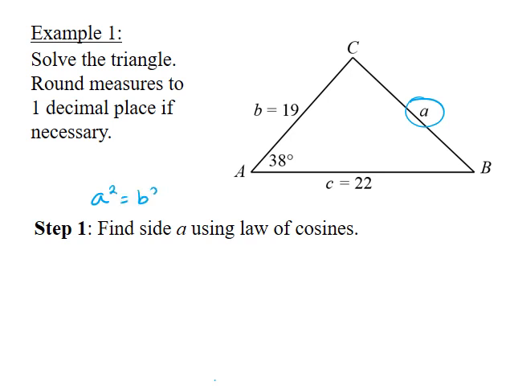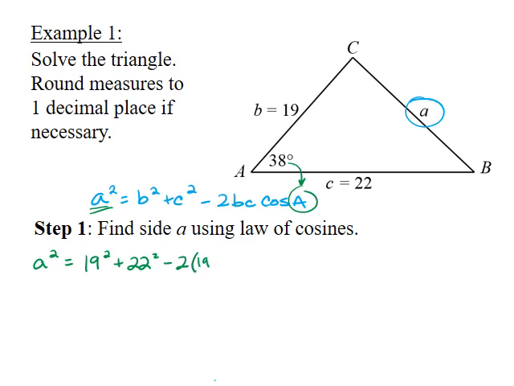It's a squared equals b squared plus c squared minus 2 times b times c times cosine of angle A. The reason I have to find A is because the only angle that I'm given is angle A. So I'll find side A. Plugging in this information into the formula, we get a squared equals 19 squared plus 22 squared minus 2 times 19 times 22 times cosine of 38 degrees. Make sure your calculator's in degree mode.